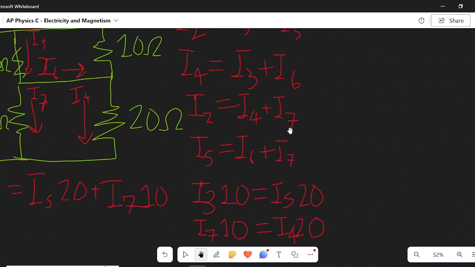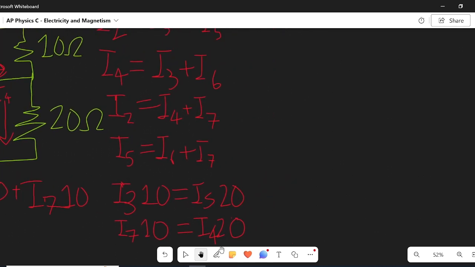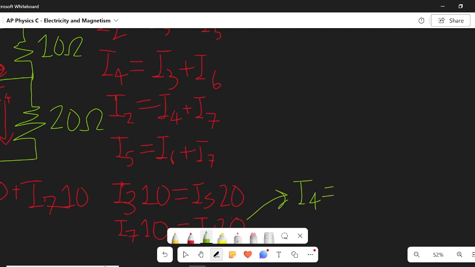So because we have I5 times 20 plus I7 times 10, two things here are being equal to 10. All we have to do is simply substitute. Solving for I4 in this equation, we get that I4 equals 1/2 of I7.